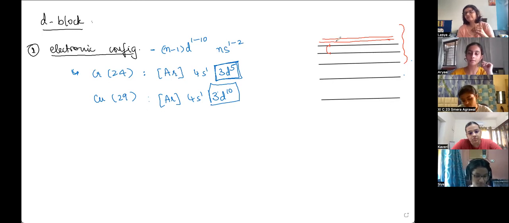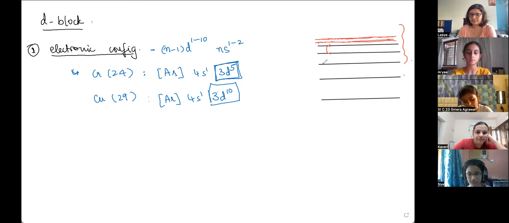So this factor, when we're talking about the smaller elements like sodium, potassium, chlorine and all that, doesn't come into the picture, because maximum third shell tak hi hai unka. But as you keep going, which involves your d block and f block elements, especially the f block elements, the electron can jump between the energy levels quite easily.